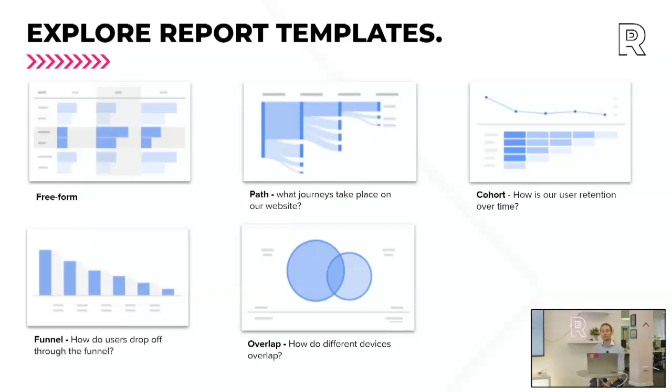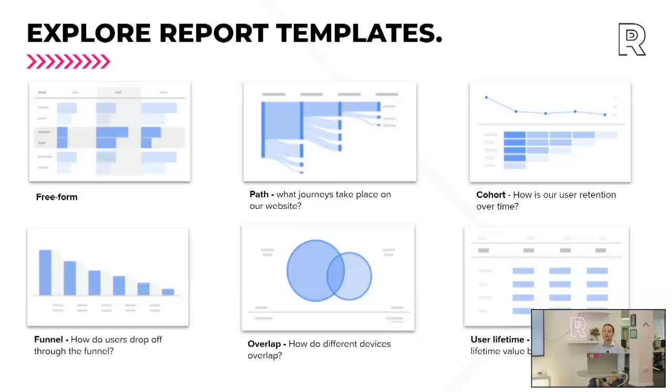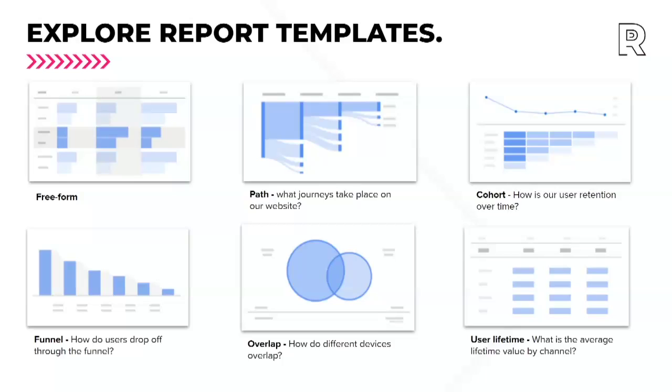The overlap charts will look at things such as how much of my audience uses desktop, how much uses mobile, and what's the overlap. And then user lifetime. So this is things like average lifetime value of customers, for example. So you can have a look at what spits out when you choose those.